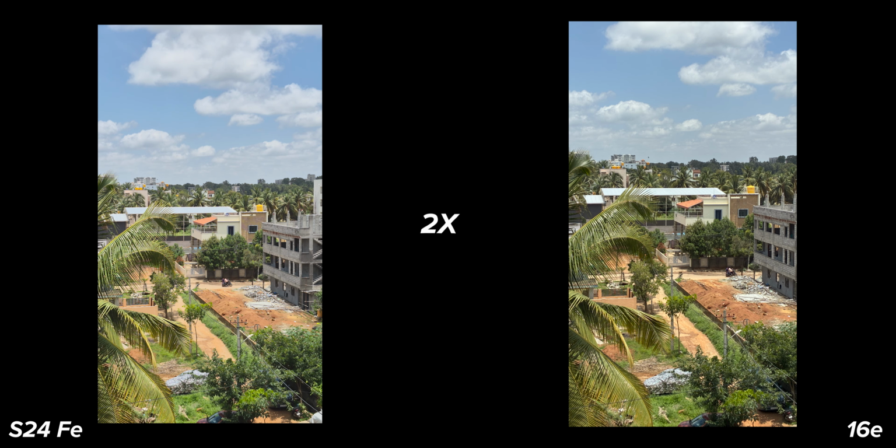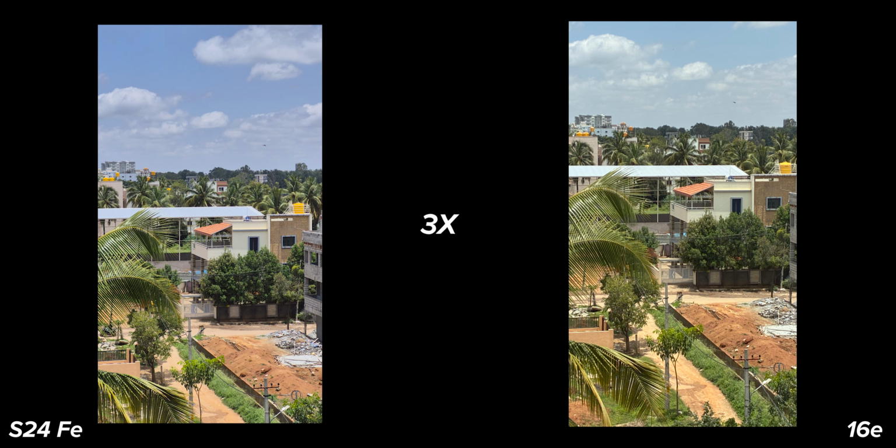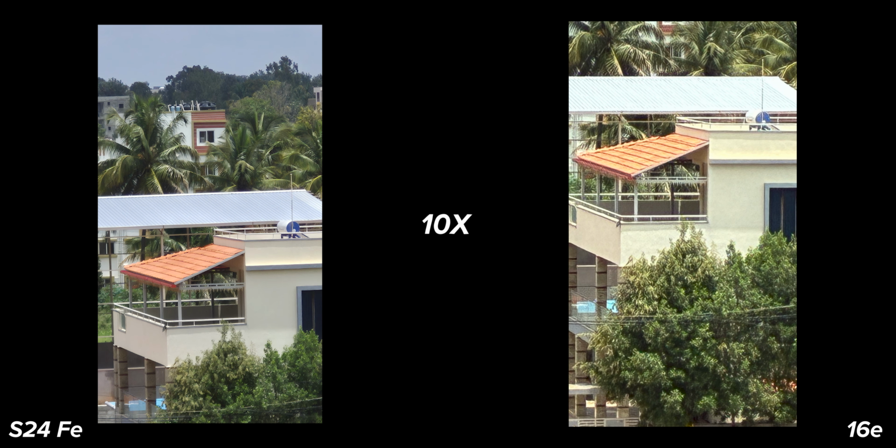However, if you observe the colors, the iPhone tends to reproduce tones that look closer to what our eyes see, while the Samsung sometimes captures cooler tones and other times the photos appear overly saturated or warmer. So if you're someone who loves to click photos at different zoom levels, the Samsung is definitely the better choice than the iPhone 16e.